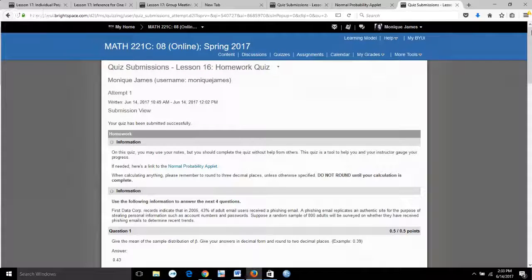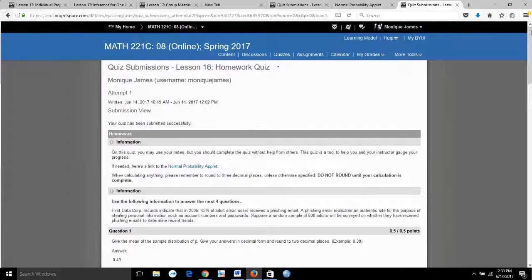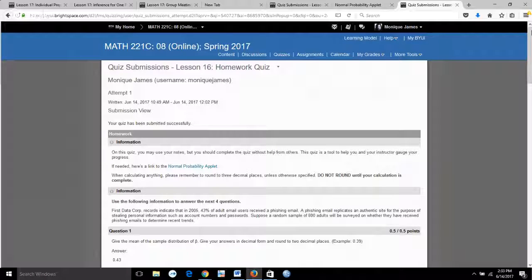I hope it's 0.1. It might be 0.099. I don't know. Try it and see. Well, I'll try it, and if it is wrong, I'll let you know, if I can get this computer to work.